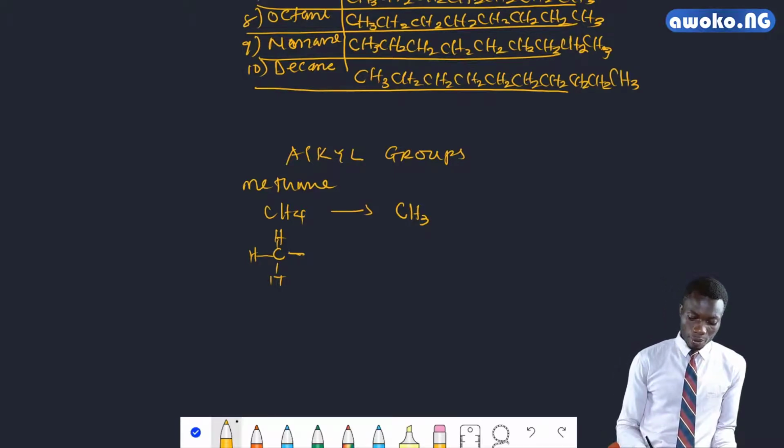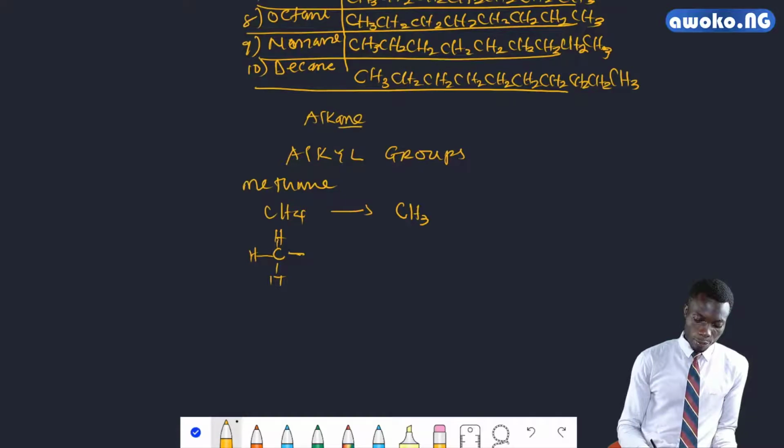So now this name is gotten from, of course, the name alkanes. The removal of ANE and a corresponding addition of YL will give rise to alkyls.